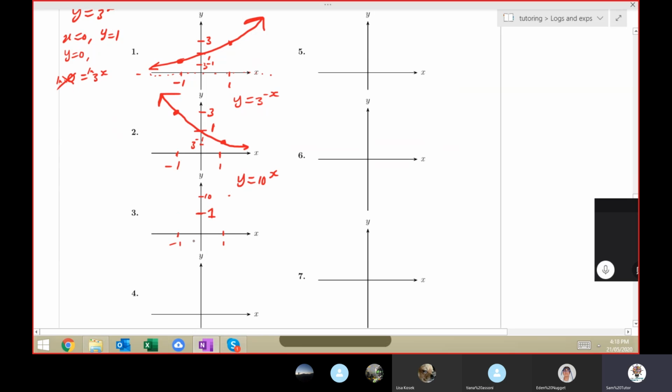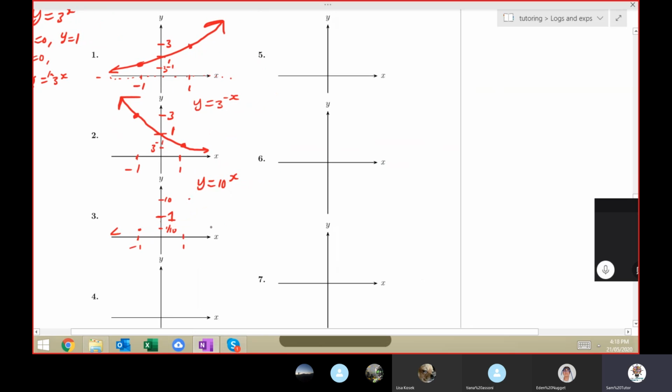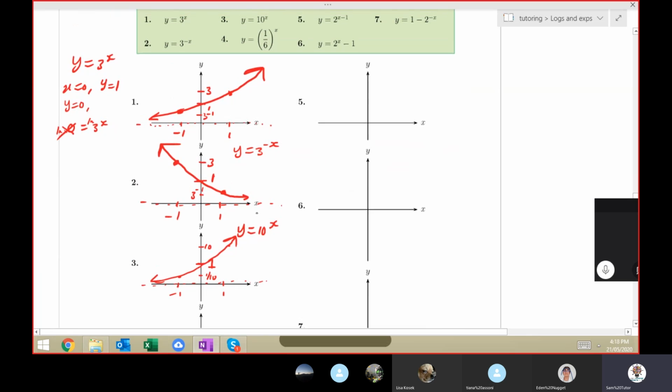If I sub in -1, I know I get 10 to the -1, which is 1 on 10. And pretty much I know, oh yeah, it's just my normal exponential because this hasn't moved anywhere. And then obviously you have your asymptotes there, and there. These asymptotes haven't moved just yet.